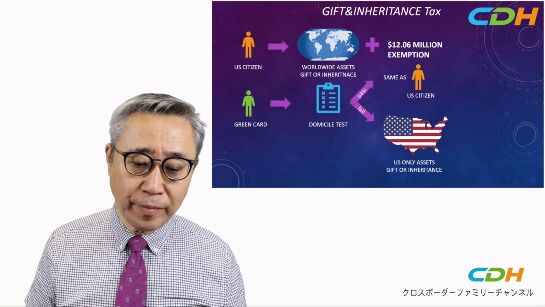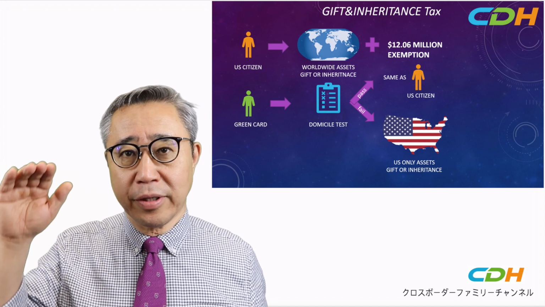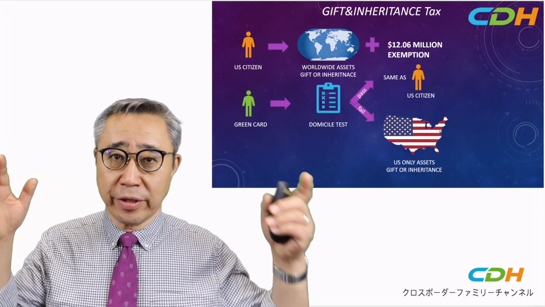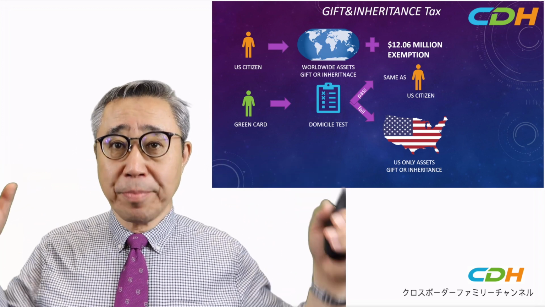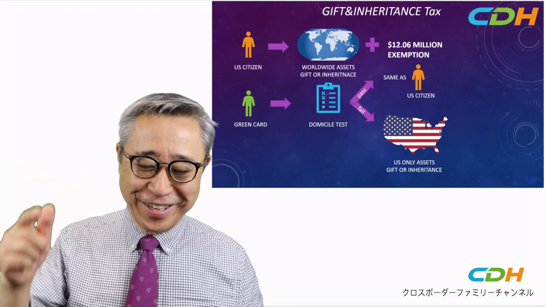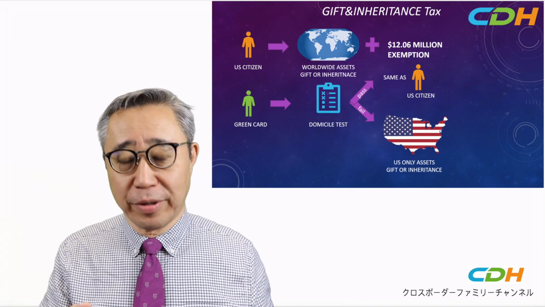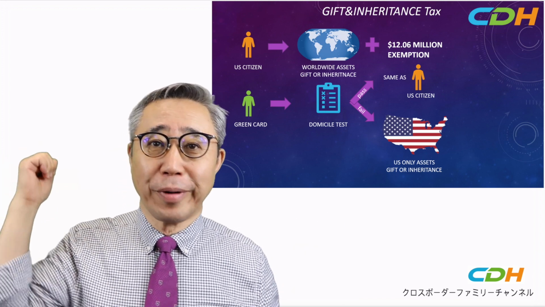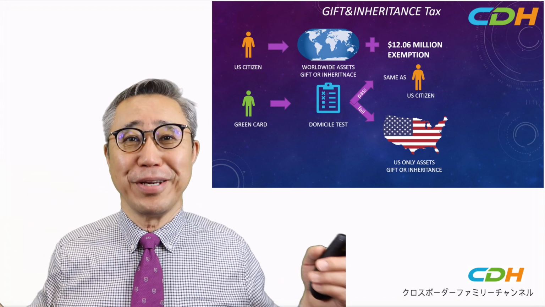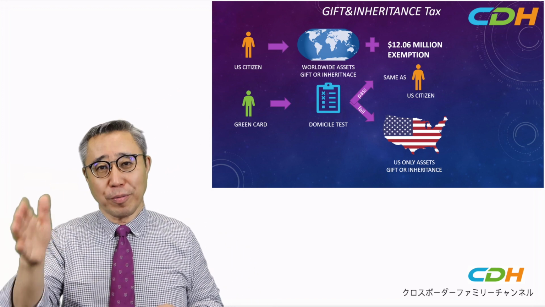No question. There are intricacies depending on the types of assets, but for this video, I'm generalizing, simplifying, because my brain is very simple. US only assets is covered here. Okay, great. You must be feeling, okay, I'm great. I want to be a non-domicile. Understand. However, wait a moment.